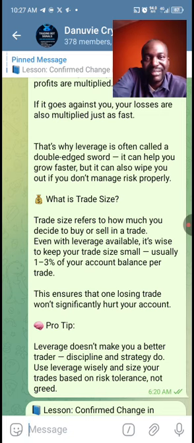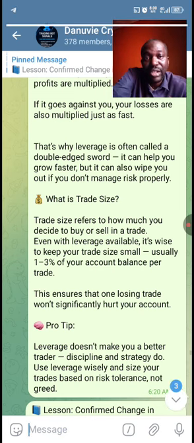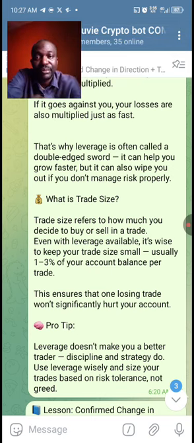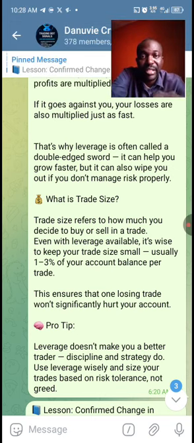So your trade size is just like your margin. Yeah, your trade margin. I think that's the better word to use to call it, your trade margin. So out of $100, your trade margin on Ethereum, your trade margin on Solana, your trade margin on XRP is $10.